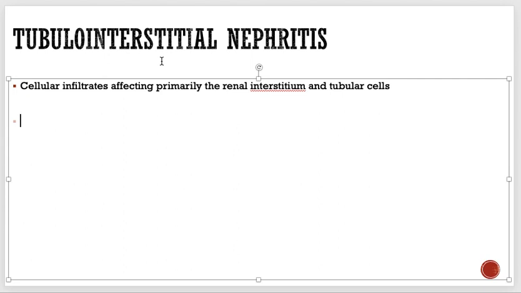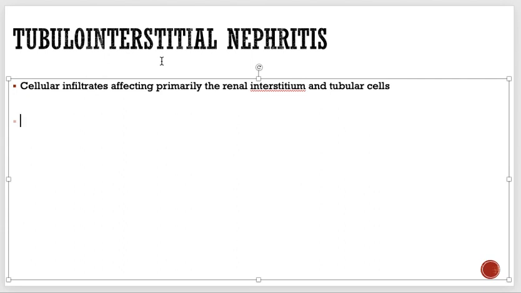Now, whenever the glomerulus is damaged, the glomerular filtration rate can decrease, right? But the tubules do a lot of functions, like reabsorption or secretion, no matter whether it is proximal, loop of Henle, distal, or collecting.